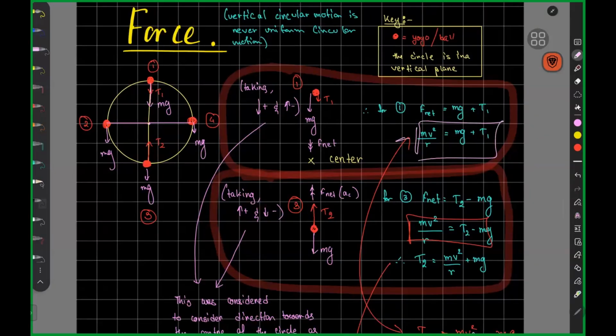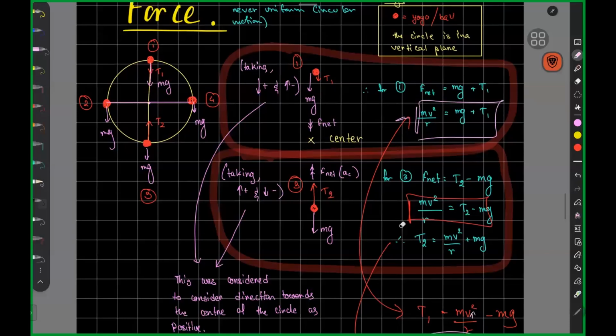But here's the thing: the tension itself is less. If I compare these two equations, I have the sum of both these variables in position one, and the difference between these two variables in position two. Isn't it that the centripetal force over here should be more?